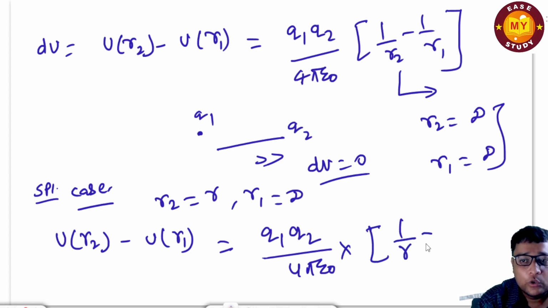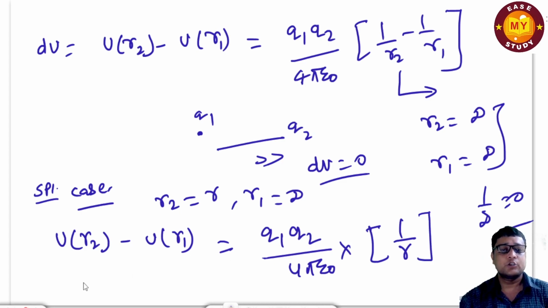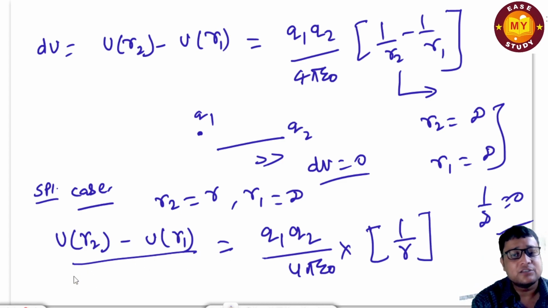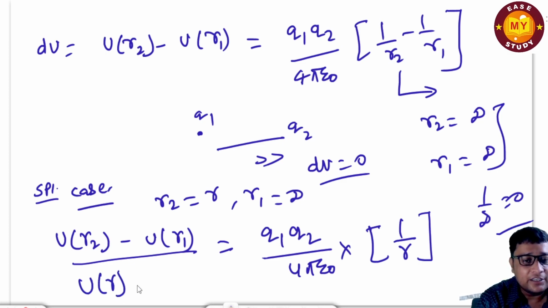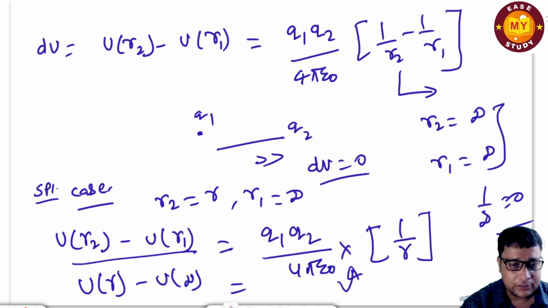I don't need to write the 0, because 1 upon infinity means very large, it is 0. So this is basically ur minus u infinity, which is equal to q1 q2 1 by 4 pi epsilon naught into 1 by r.